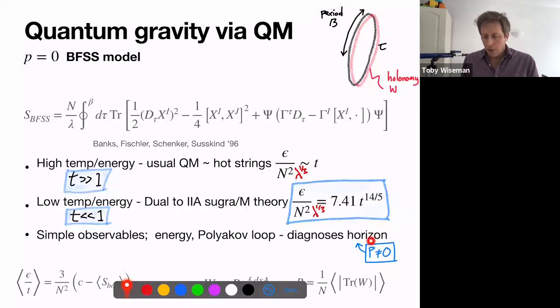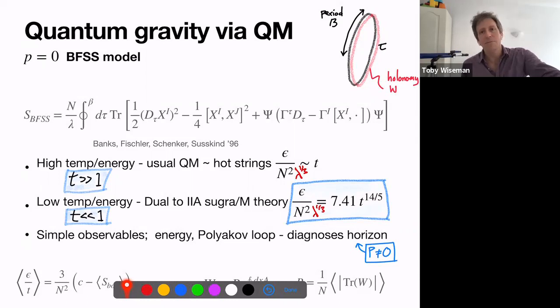Witten, long ago, told us that we should think of that eigenvalue distribution as diagnosing whether there is a horizon or not in the dual geometry. If the eigenvalue distribution on the circle is uniform, then we should expect there not to be a horizon.